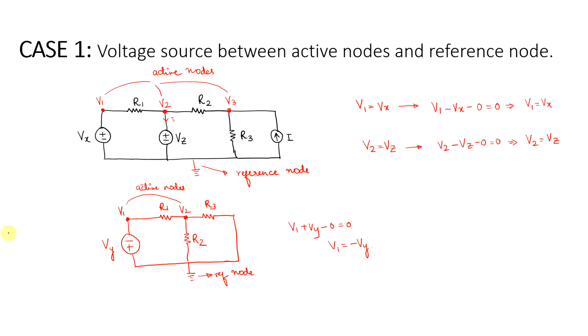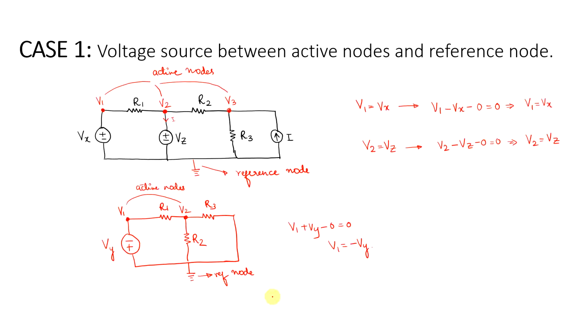So it is also dependent on the polarity. As I told you, I am considering all the currents to be leaving the node, so I will always consider this node voltage to be positive, and for all of the cases the right hand polarity. So this is V1 plus Vy minus 0 is equal to 0, or V1 is equal to minus Vy.